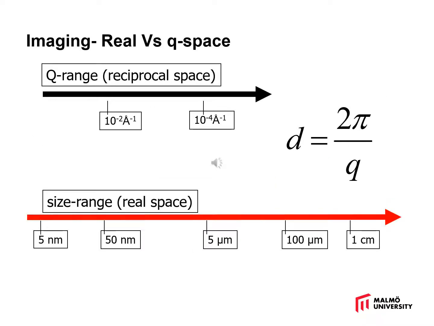So what I'd like you to recognize in this slide is the nature of the relationship between reciprocal space, what we measure with scattering, and what is in real space. We can use this simple rearrangement of the Bragg equation, which you might like to try yourselves, to express this relationship.